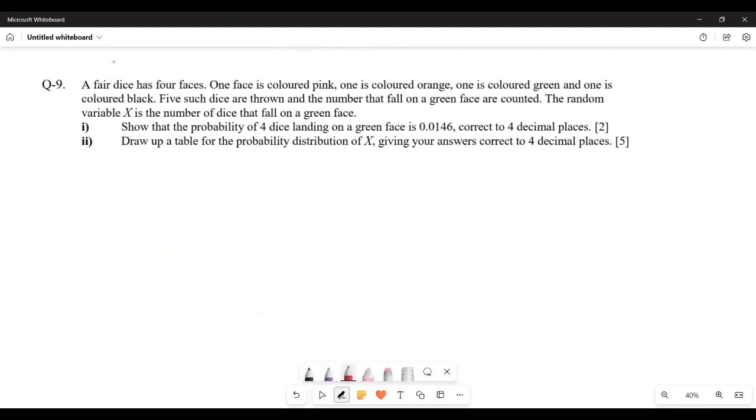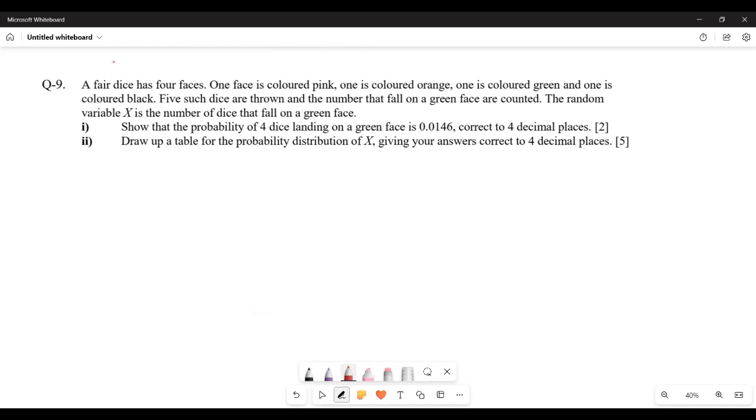A fair dice has 4 faces. One face is colored pink, one is colored orange, and one is colored green, and one is colored black. 5 such dice are thrown and the number that falls on the green face are counted.